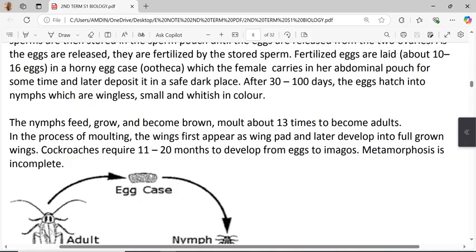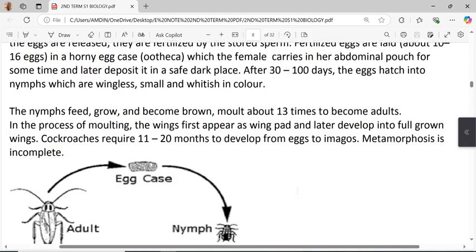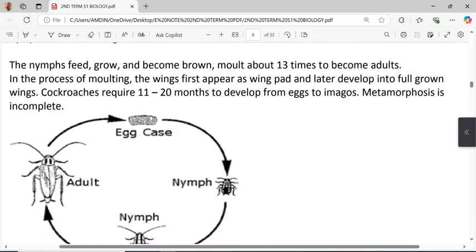The nymphs feed, grow, and become brown, molting about 13 times to become adults. In the process of molting, the wings first appear as wing pads and later develop into full-grown wings. Cockroaches require 11 to 20 months to develop from eggs to imagos.